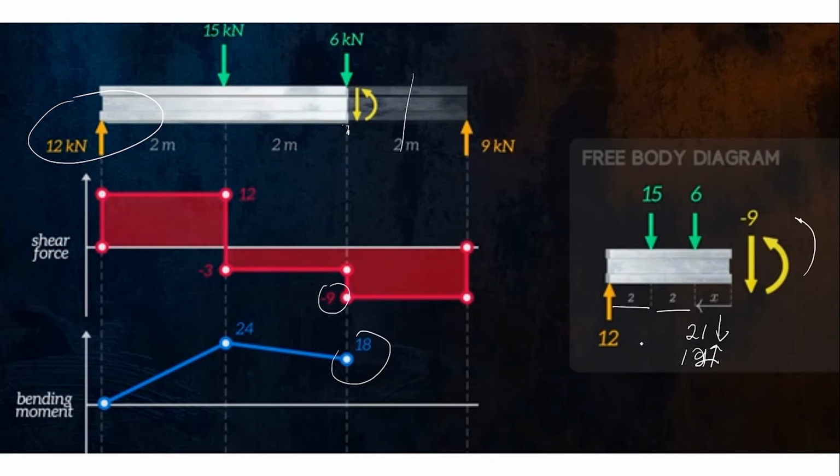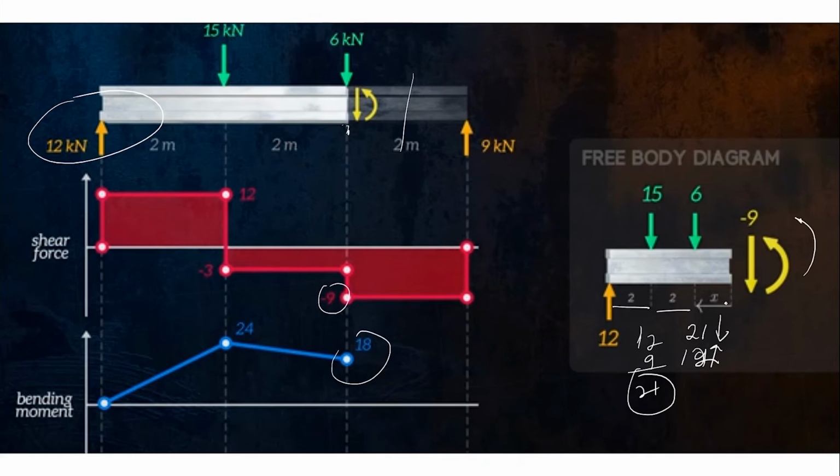Tama ba? 12 plus 9? Opo, sir. 21, di ba? So, ibig sabihin, 15 tsaka 6, and then 12.